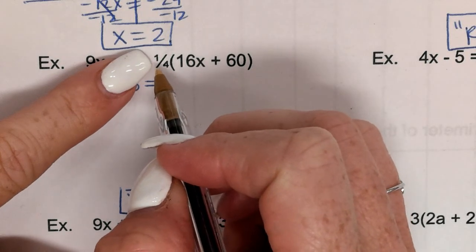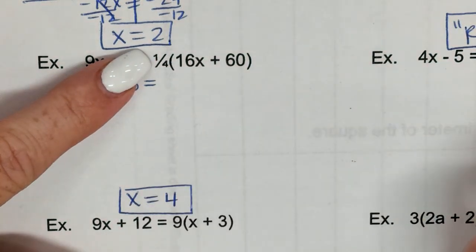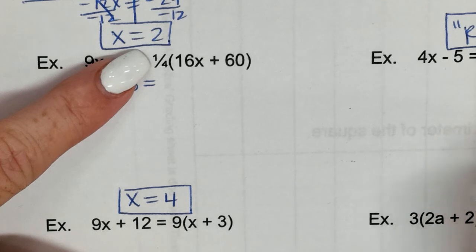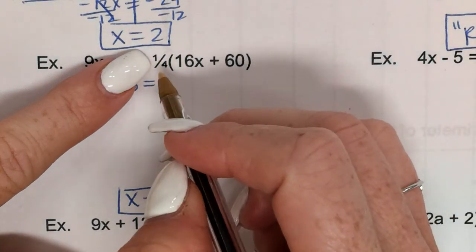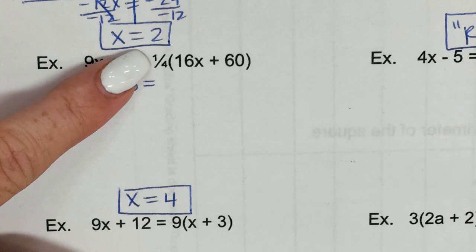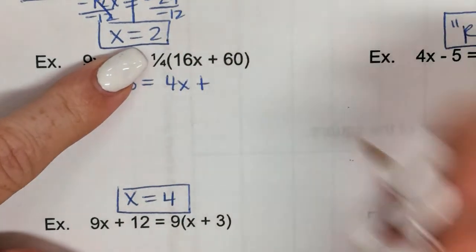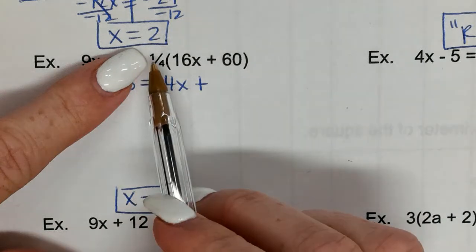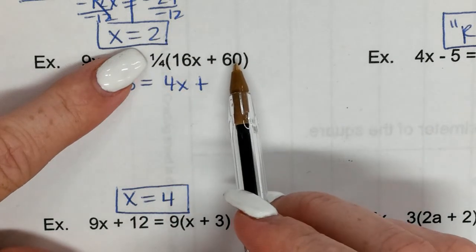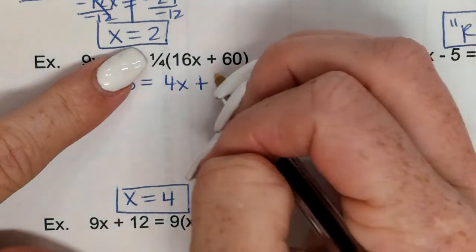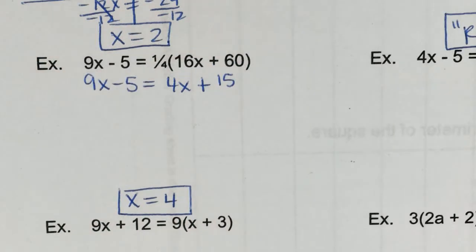Or could I just divide by 4 because it's the same thing as multiplying by a quarter? All right, what is 16 times a fourth? What's a fourth of 16? 4. So 4x plus, what's a fourth of 60? 15. All right, I got rid of all my parentheses, so I'm good to go.